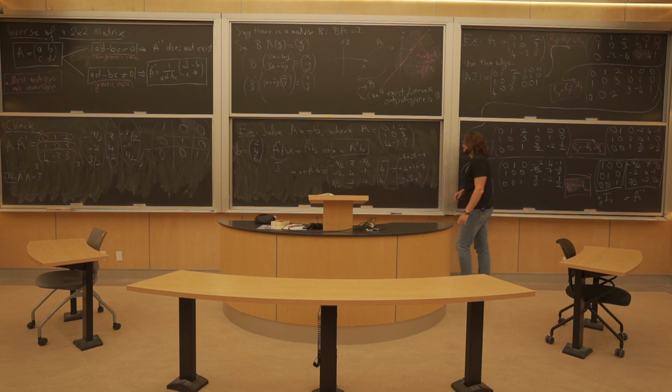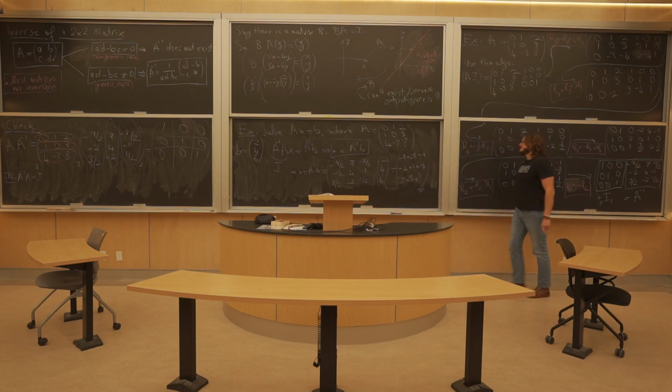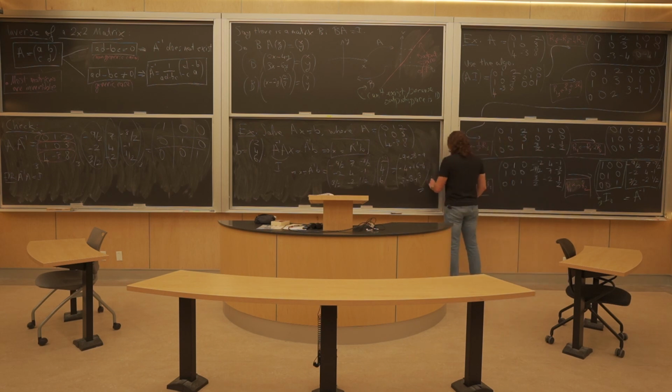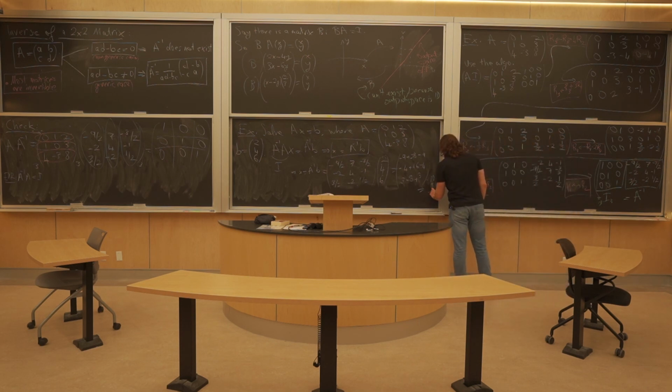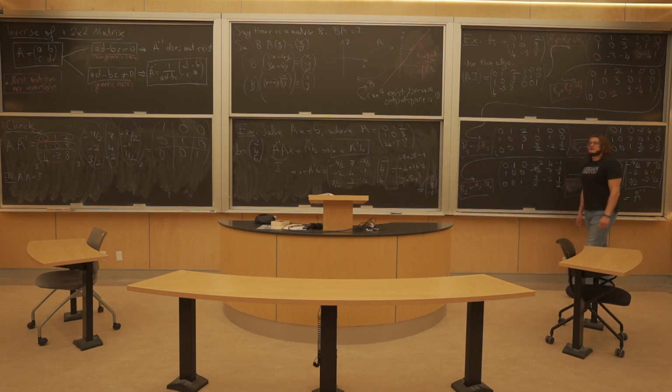So 2 by 2, 3 by 1, sorry. So this says 28 minus 18 is 10. 16 minus 8 is 8. And 6 minus 8 is minus 2. So that's another way of solving this.